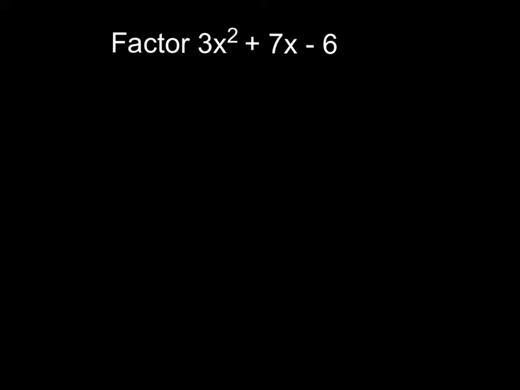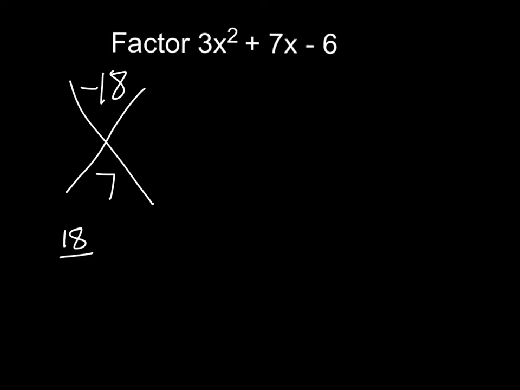So if there's no GCF, that means we need to make the X box. A times C, so 3 times negative 6 goes up top. So that's negative 18. And then 7 goes in the bottom. So we have to find 2 numbers that multiply to be negative 18, but add up to be 7.